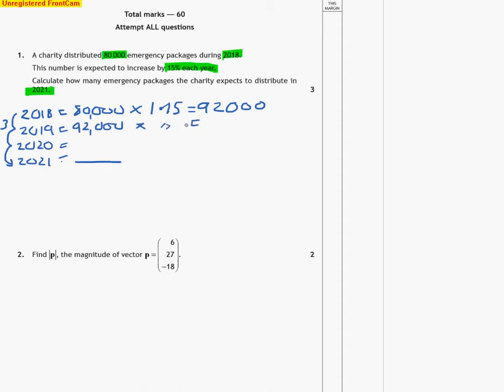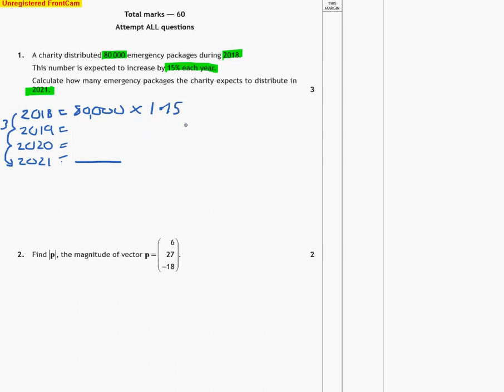Now, the problem with that is if you get a question where it's not a few years, this method breaks down, because you can't sit for ages. If it was 100 years later, we'd really struggle, wouldn't we? So you could do it that way, but to make it quicker, we'll use our compound interest method.